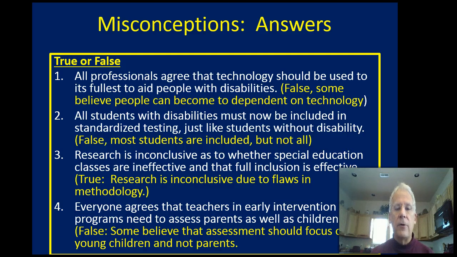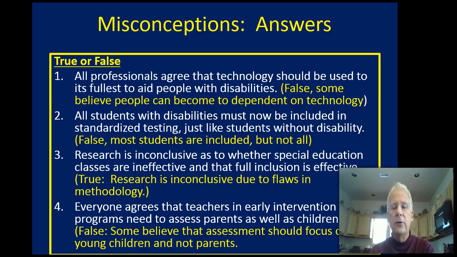Well, that's false. Most students are included in the testing, and we talked about the fact that the state provides some alternative testing for small groups of students who have severe learning disabilities or learning needs, but not all.